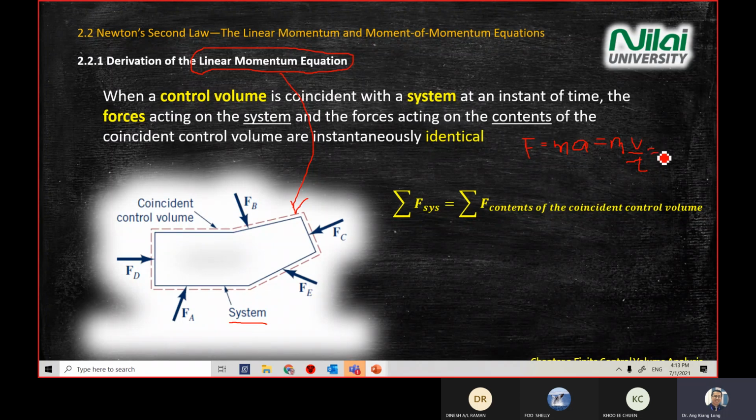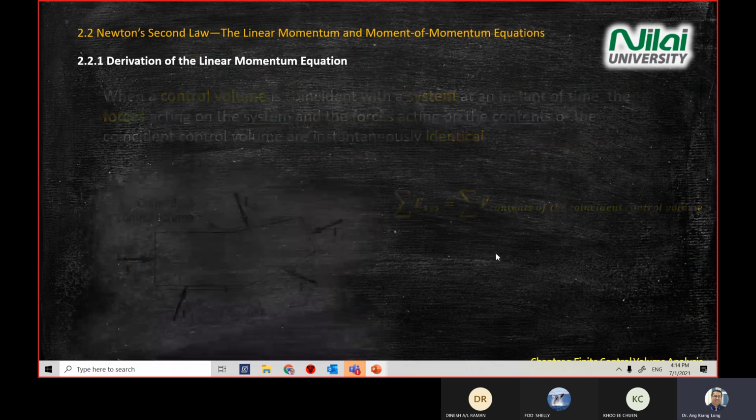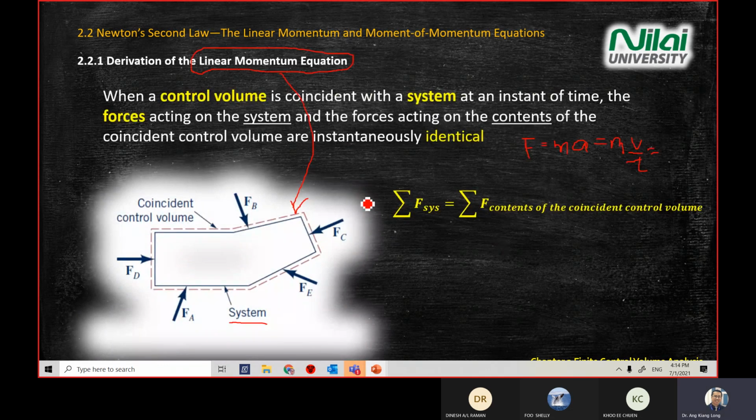You know that this chapter deals with momentum, so momentum divided by time. So all the force on the system will equal all the force inside the control volume. This is the first equation that deals with this diagram.